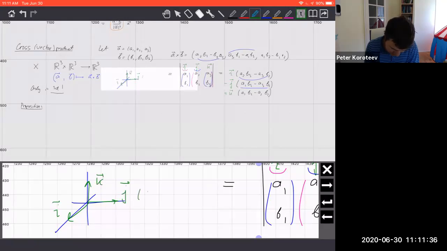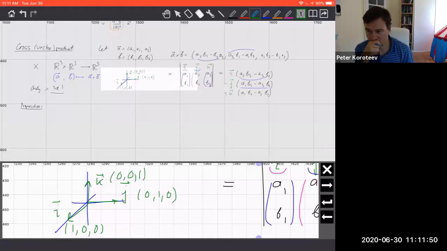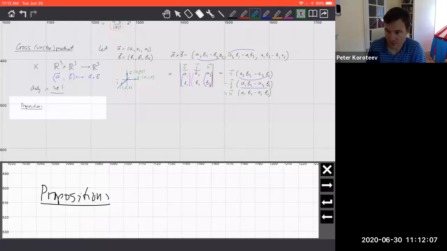Vector j has components 0, 1, 0, it's fixed. Vector i has components 1, 0, 0. Vector k has components 0, 0, 1. So j is the unit vector that points in the positive y direction always. There's no ambiguity there. Does that answer the question?